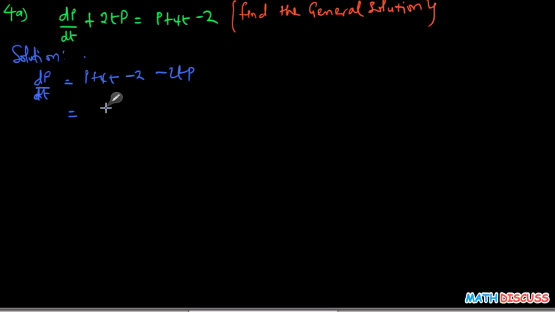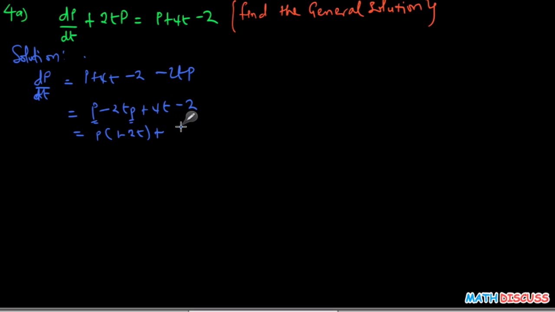Now this is going to be the same thing as p plus 4t, so we could just bring the negative: this is negative 2tp, then this is plus 4t minus 2. So p is common here, so we have p into 1 minus 2t.